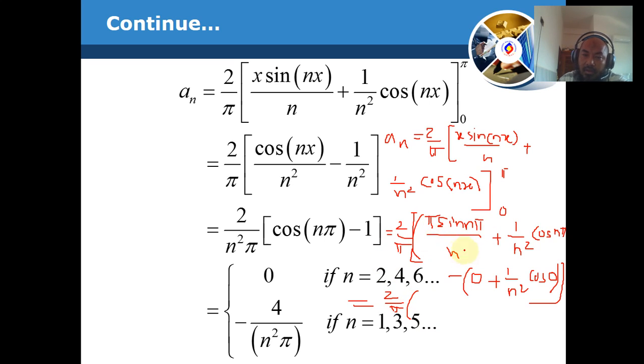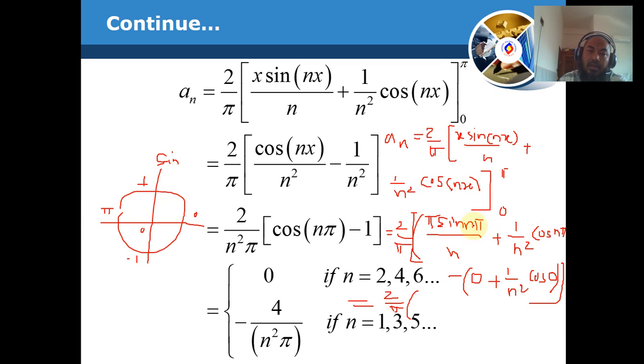You can see here sin n pi. So sin n pi, you see this, so this is sin, right? So this is minus, this is 1 minus 1 and then 0.